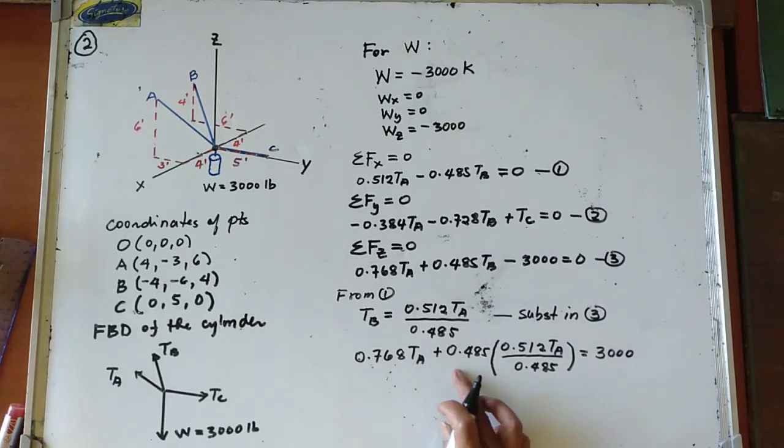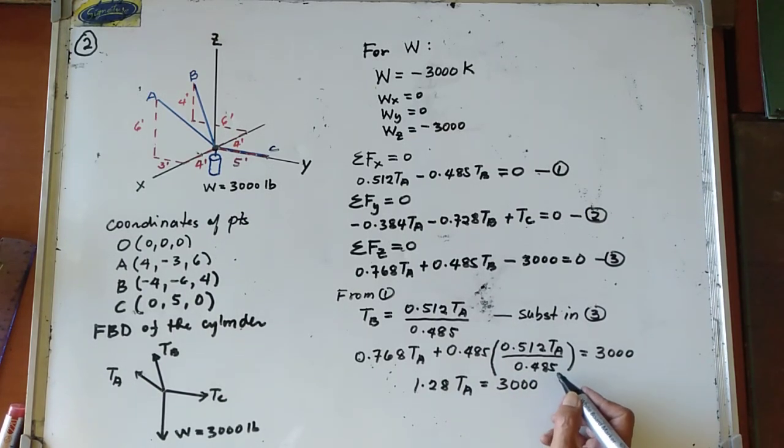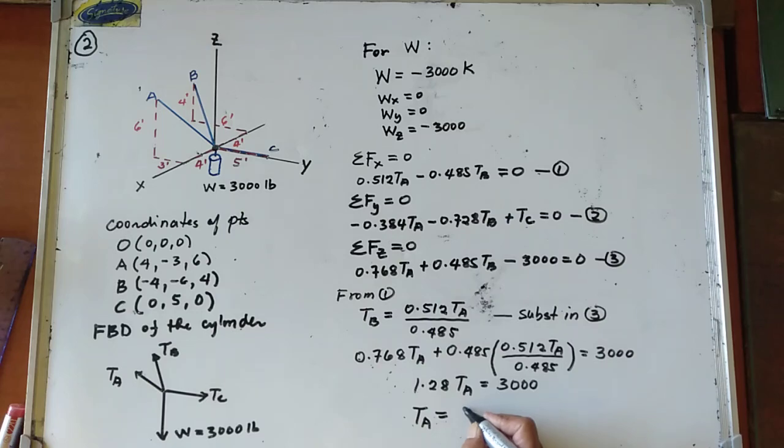So 0.768 plus this one is equal to 1.28 T sub A is equal to 3,000 pounds. Hence, the tension in cable A is equal to 3,000 over 1.28.